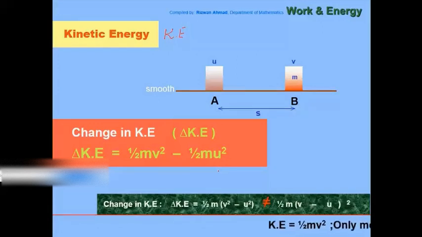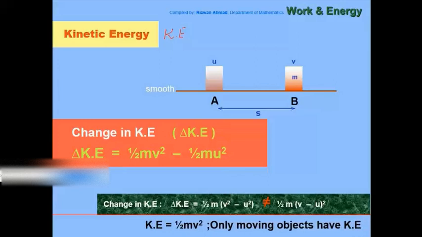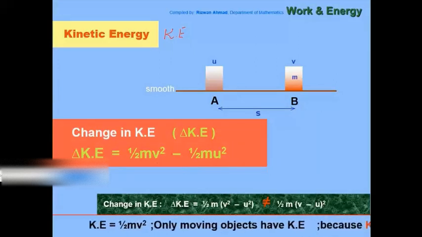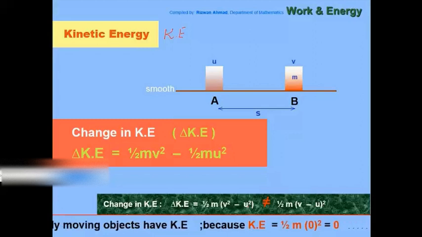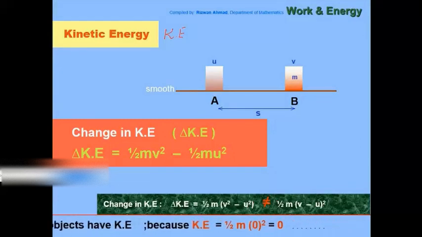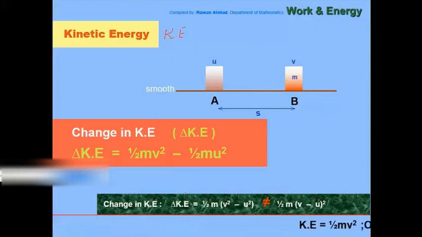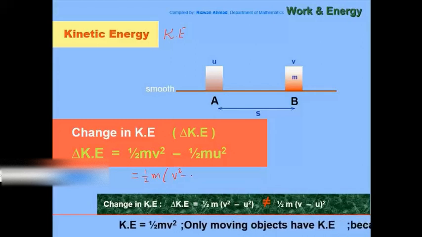So the change in kinetic energy is half m, taking half m common, times v square minus u square in brackets. Remember, it is not equal to half m into v minus u whole square. Half m is common, and inside is v square minus u square.